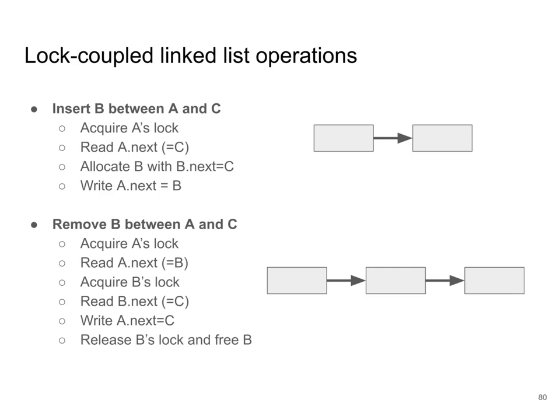Okay, so here is how to implement the linked list operations for these lock coupled data structures. If you want to insert B between A and C, you first acquire a lock and read A's next pointer, allocate B with its next pointer pointing to C, and then write A's next to B. So you're going to change this pointer here, right?